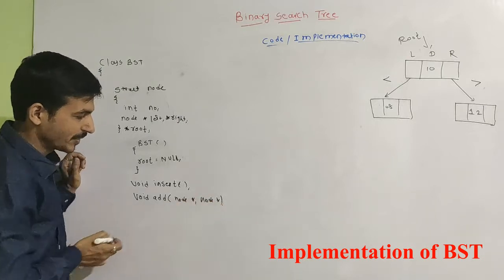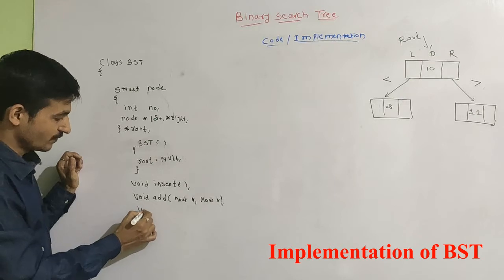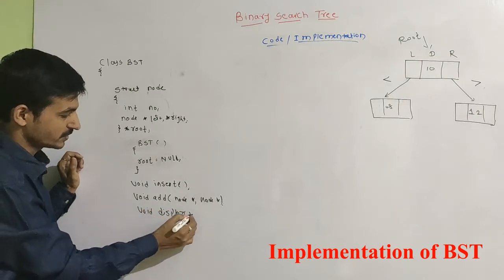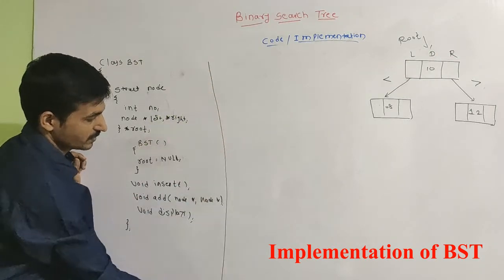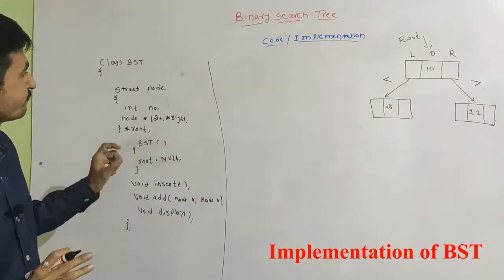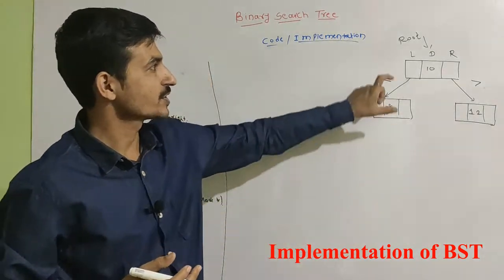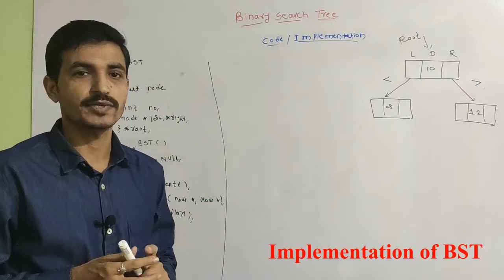I'll show you the detailed implementation of this particular function after the declaration. One more function is to display this particular binary search tree. This is the end of the class. So after the end of the class, we will create a node structure which contains left link, right link, and the data, and the methods insert, add, and display.